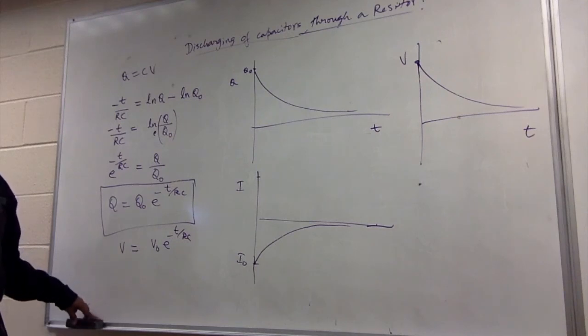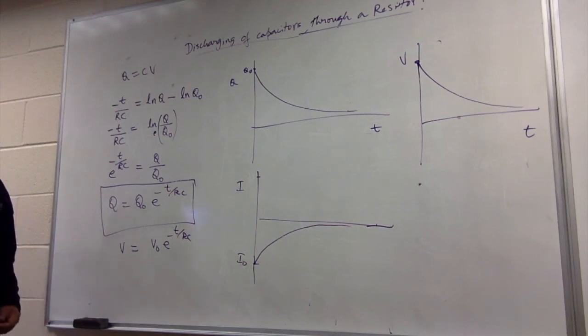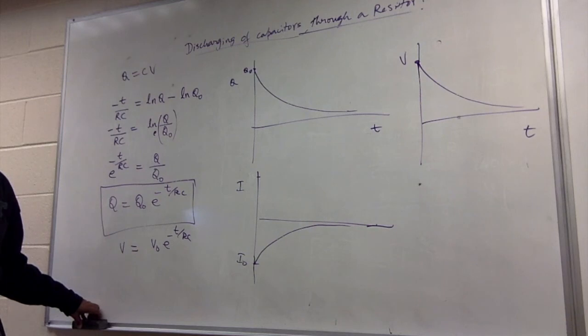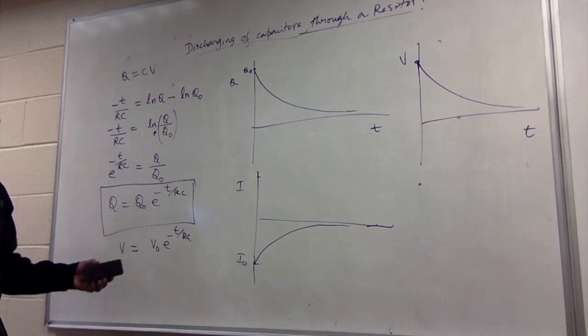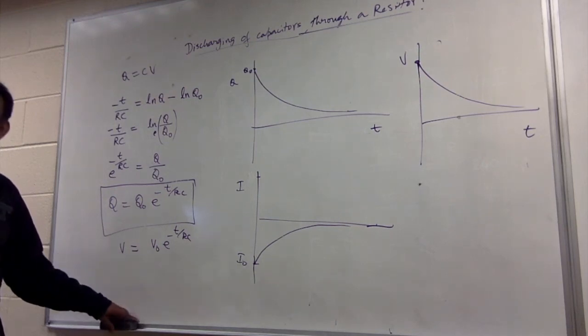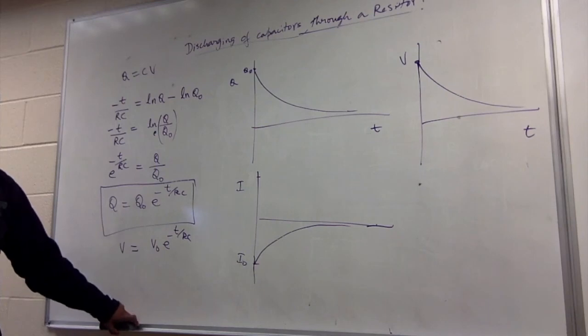You can also derive an expression for charging a capacitor. Derivations are not really important as far as you're concerned, but sometimes they may pop up. But again, you're not doing the Physics C. In Physics C, this is definitely a question.